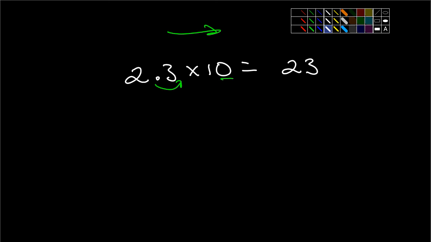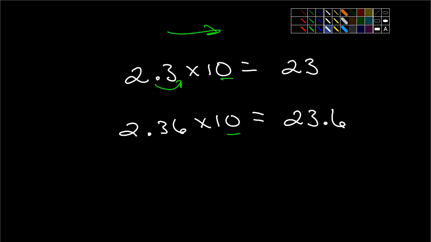What if the number was 2.36 times 10? How many places do we move the decimal? One place. So it becomes 23.6. Mr. Lee De La Rosa, I'll take it. You can put it right up here.